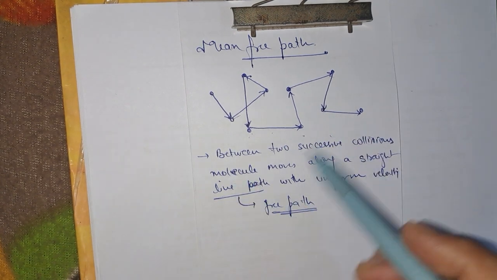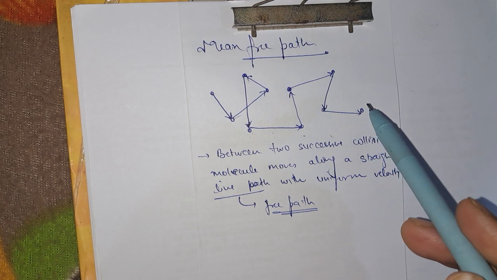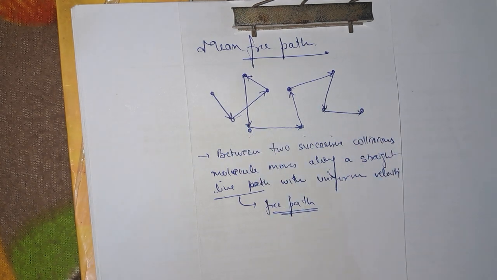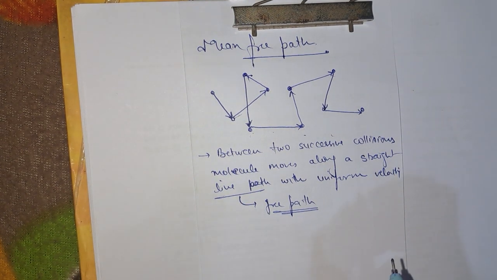So the overall mean of this free path during the complete motion of the particle of the system is known as mean free path.